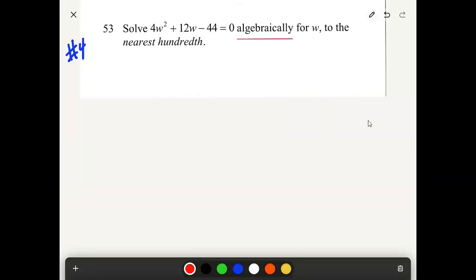So let's go. A in this case is going to be 4. B is going to be 12. And C is going to be a negative 44. So we're just going to write the formula.